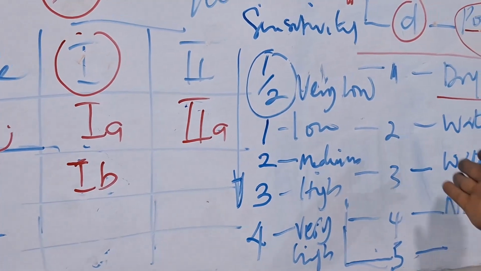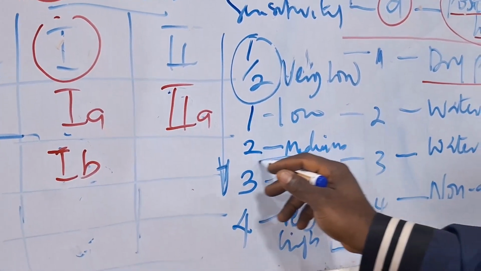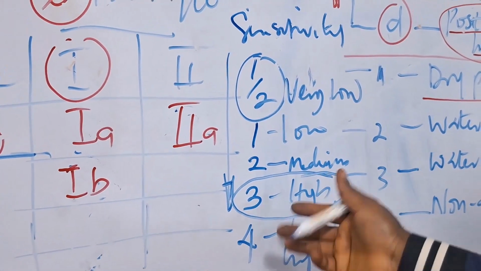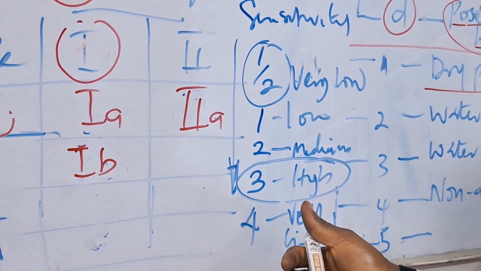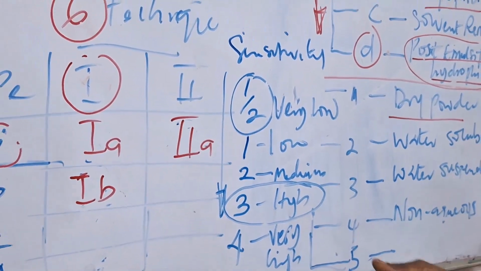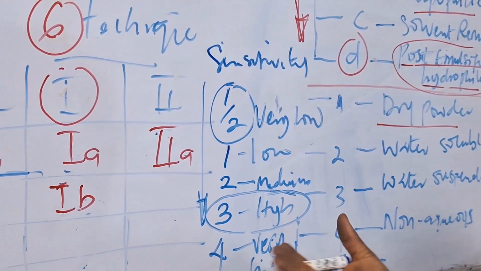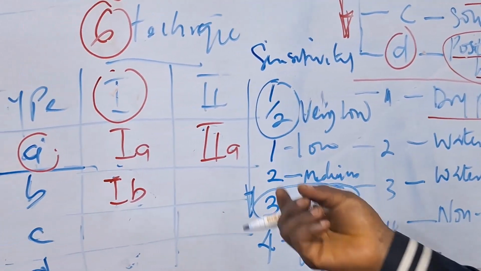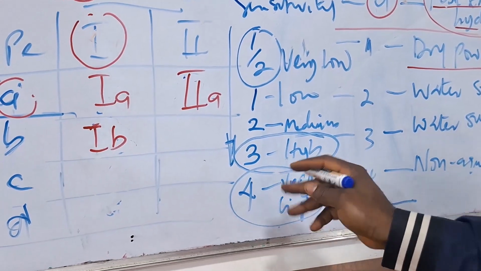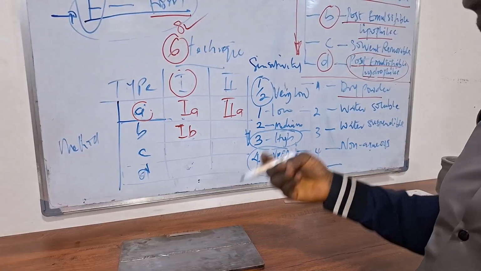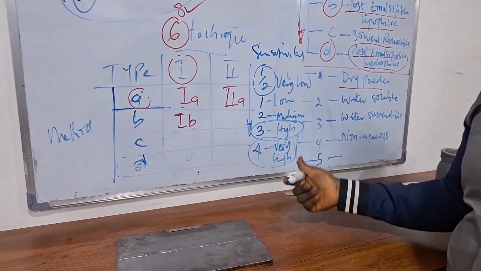The most commonly available materials usually fall into the sensitivity of 3. And for very sensitive work, when you are looking for very fine, thin cracks, you use a high sensitivity, like when you are inspecting aircraft parts.